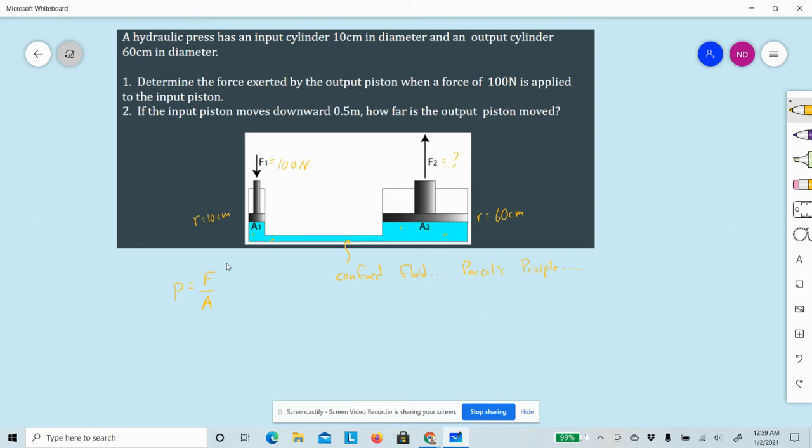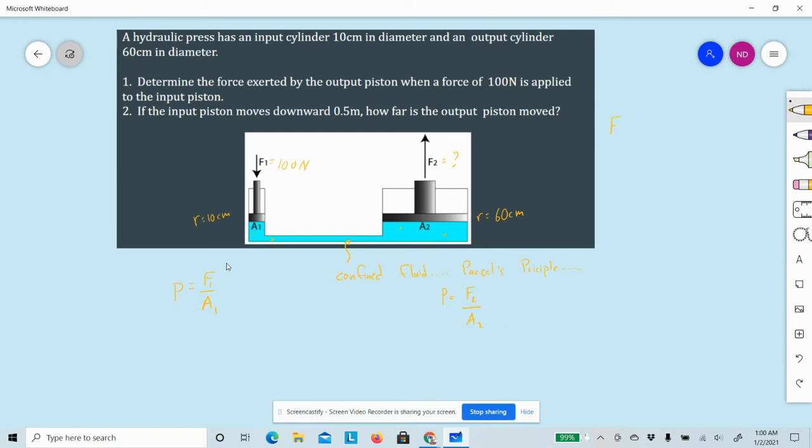Now over here, we have a much greater area. But let's just think with this. On this side, say force 1, area 1. Over here, the pressure will be equal to force 2 over area 2. But these pressures are equal, so we can set those two things equal to each other.